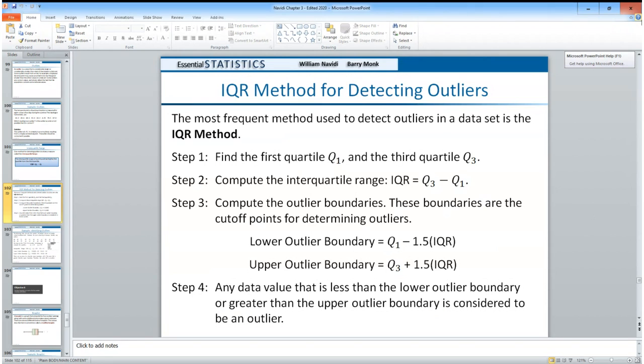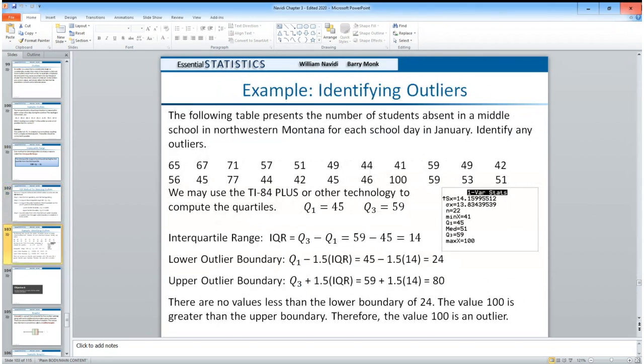So here was some data, 22 values, and they pumped it into the calculator, and they came up with Q1 of 45 and Q3 of 59. And so that interquartile range, IQR, is 59 minus 45, so 14. All right. Now, taking that and multiplying it times 1.5 gives you, I'm going to do it on the calculator and just kind of report back to you.